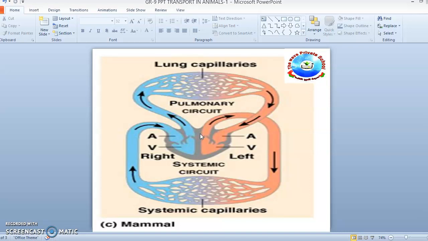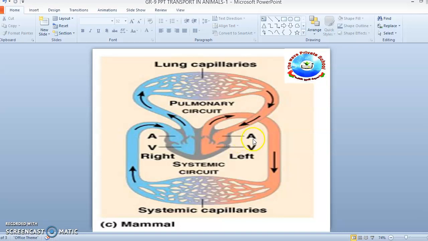First let us know about the double circulatory system, how the blood is transported from the heart. The blood in the left-hand side of the heart has come from the lungs. This network is called the lung capillaries. From here, the blood comes to the left side of the heart. It contains oxygen, which was picked up by the capillaries surrounding the alveoli.